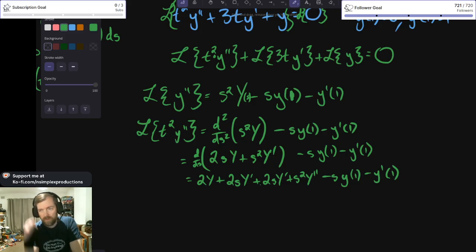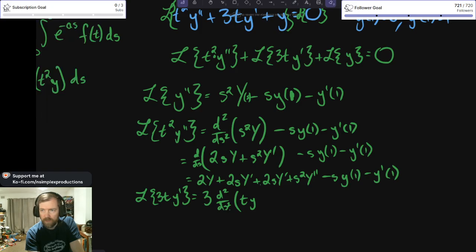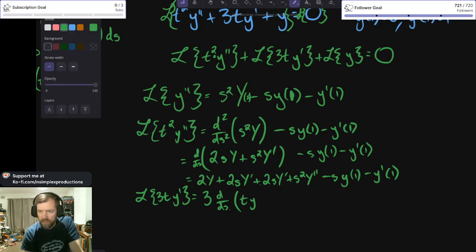Okay, now we've got to do it one more time. So L of 3t y prime is going to be equal to 3 times the first derivative with respect to s of... derivative of t y prime.